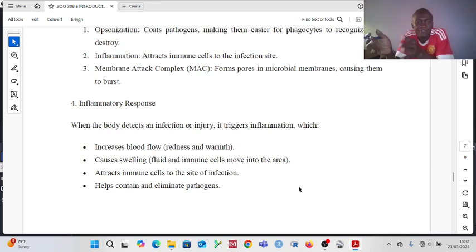You go to Alupe University, you find many watchmen at the gate, because that is the place of entry. If you get there and they realize you shouldn't get to the university, they will contain you and eliminate you wakutoe nje ya university. So to contain is to stop you. Then to eliminate is to get you out of the university. So that is exactly what this is doing.